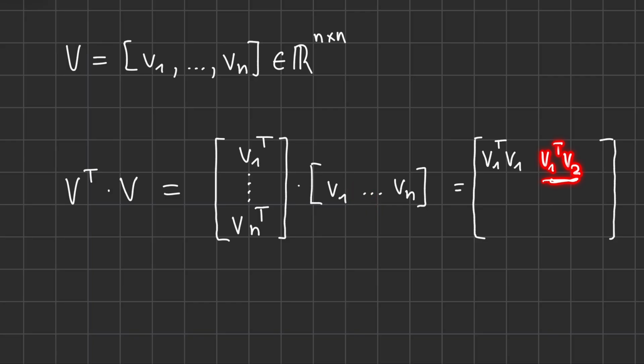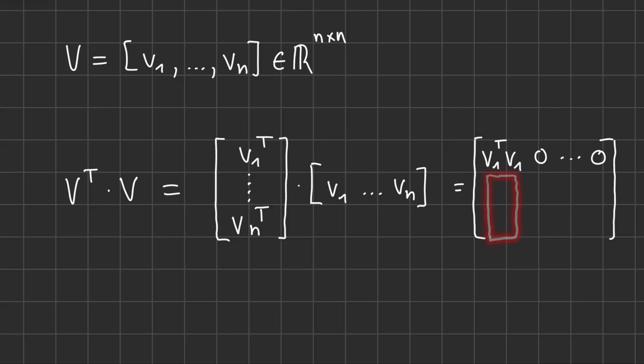But we don't have to calculate what this is because we know that these two vectors v1 and v2 are orthogonal. So the result will be 0. And this will be the case for all other values here because v1 is orthogonal to all other vectors except for v1 itself.